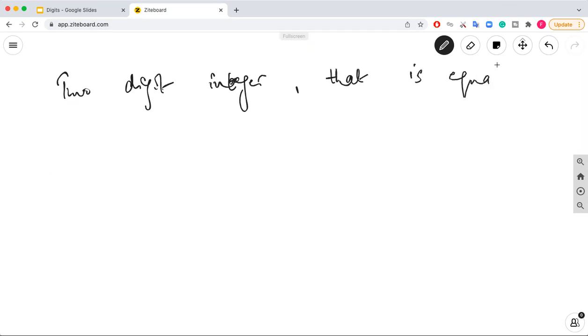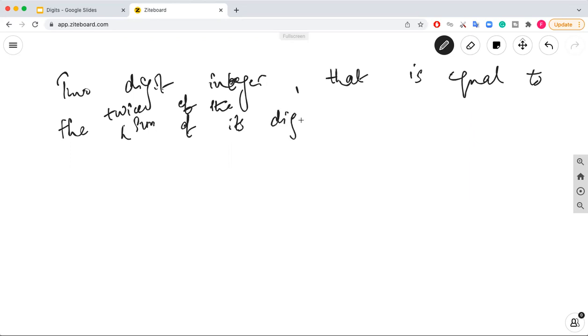I'm asking, just tell me the two-digit integer that is equal to twice the sum of its digits. Be quick. Just tell me what is a two-digit integer.